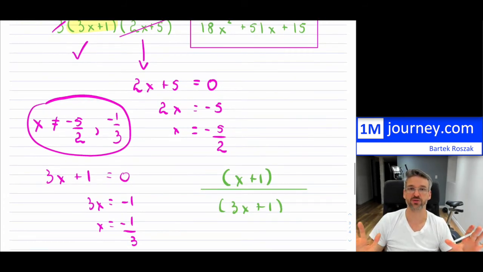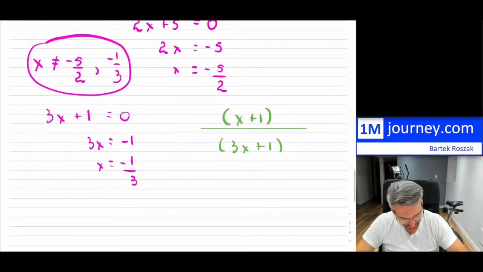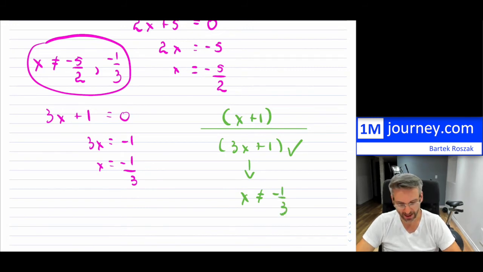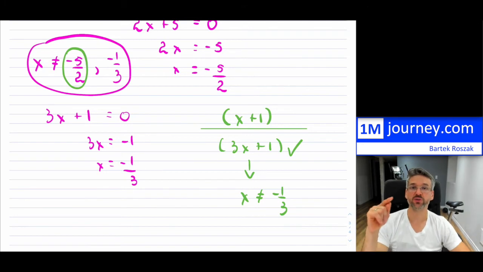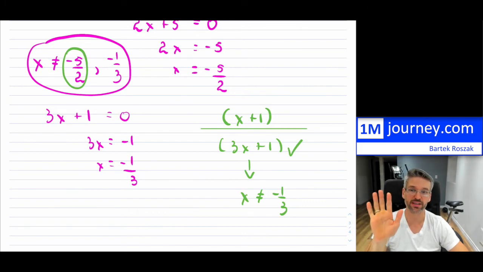Everything else canceled. And students will say, okay, so this restriction is set, meaning x cannot be equal to negative 1 over 3, but they forget about the other one. So you have to set restrictions prior to simplifying your rational polynomials. All right, so please remember that.